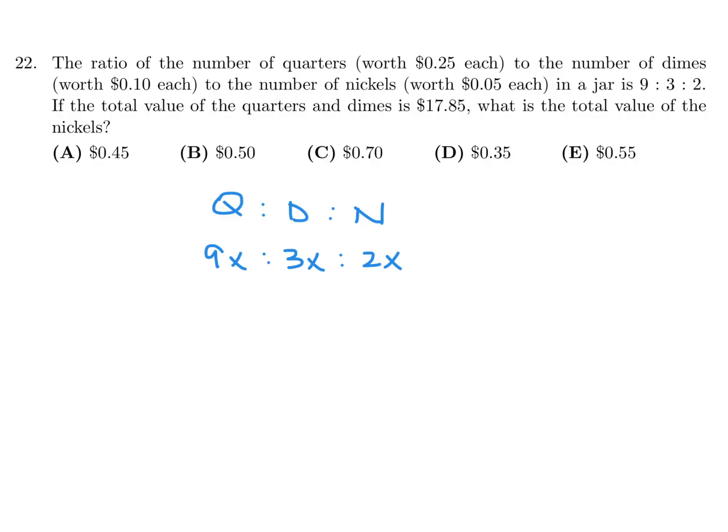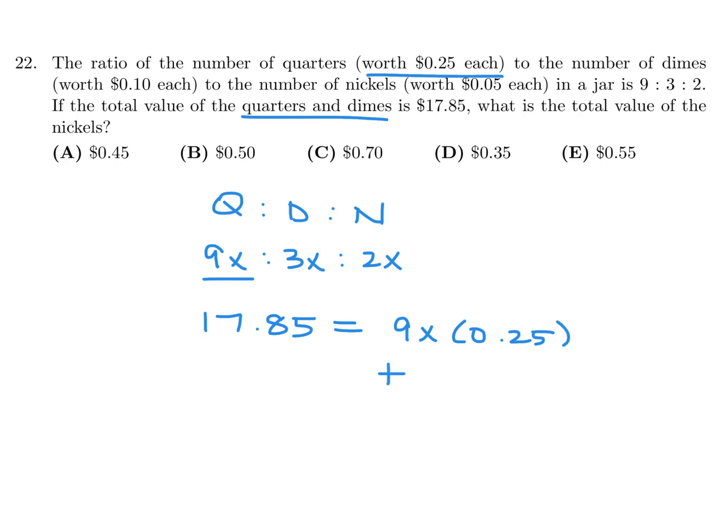All right. So then $17.85 is the total value of quarters and dimes. So we have a certain amount of quarters, 9x, and each quarter, they tell you, is worth 25 cents, just in case you forgot. And dimes is 3x, and again, they've told you that they're worth 10 cents each.